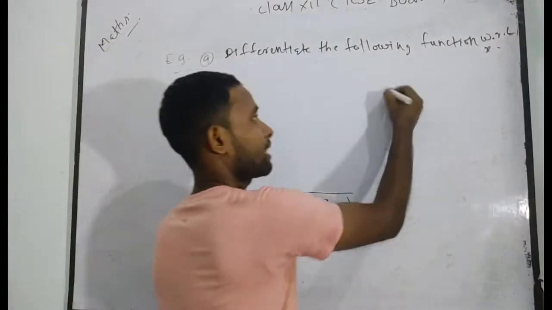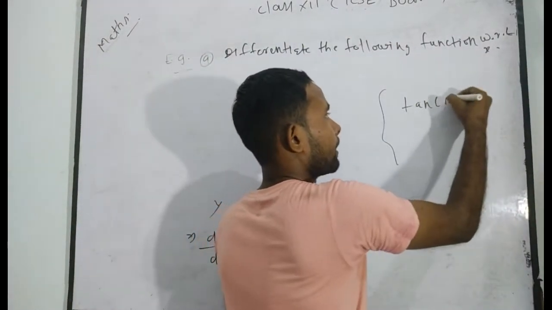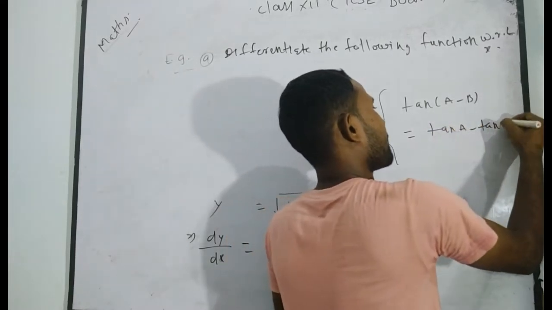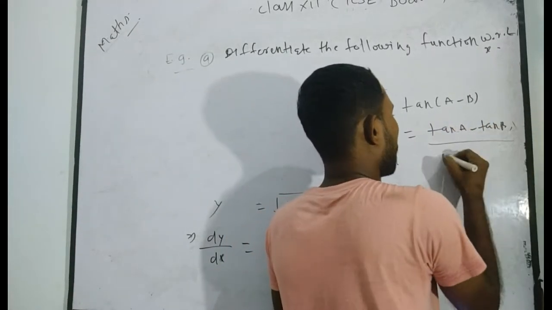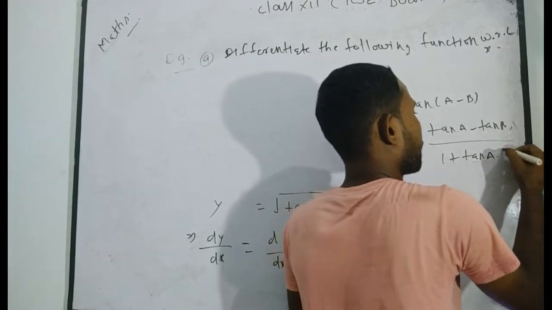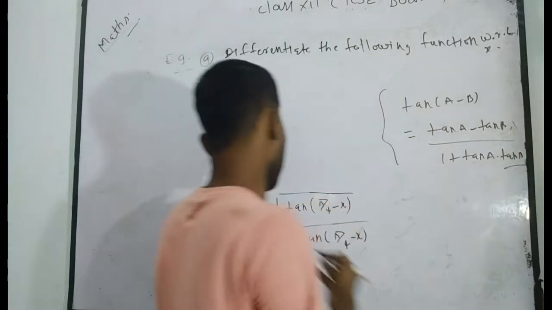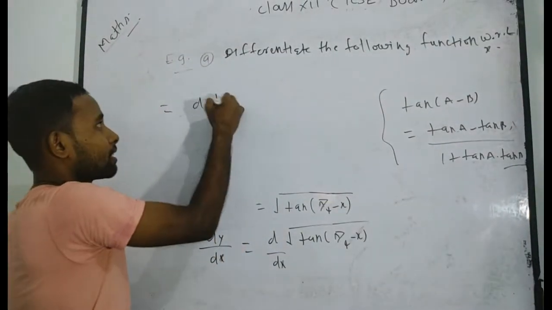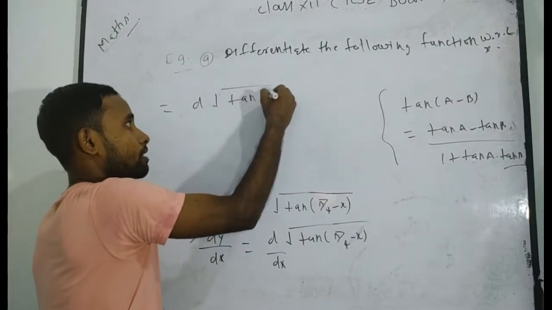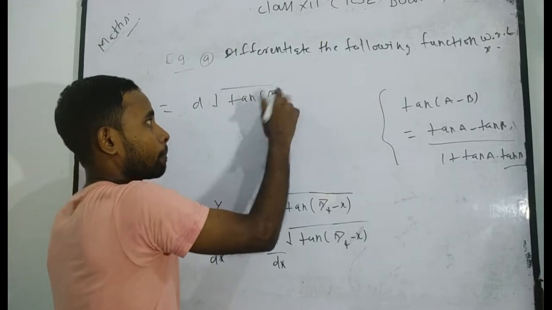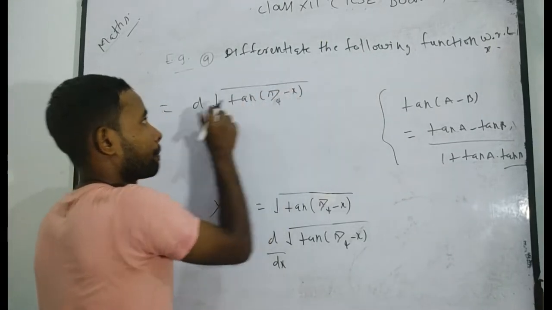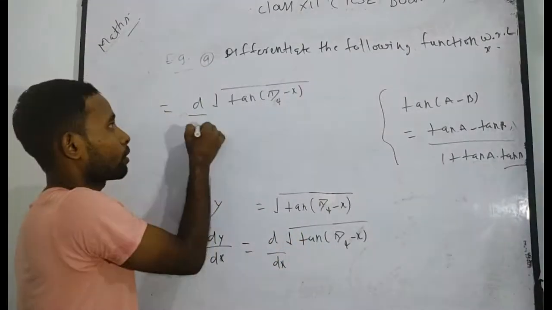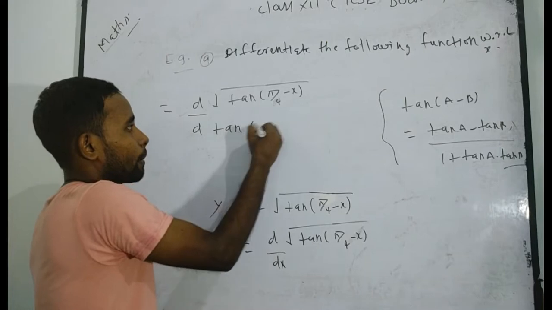If you couldn't understand, write a formula: tan(a minus b) is equal to (tan a minus tan b) divided by (1 plus tan a into tan b), which has been used here to write in this form. Now if you differentiate, the derivative of root of tan(pi by 4 minus x) with respect to tan(pi by 4 minus x).